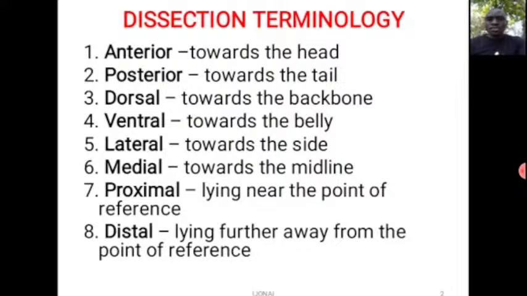I would want to challenge you to look for other suitable terms that we use in dissection and in practicals in general, and familiarize yourself with them because you're going to meet them quite often in your notes, but also in your examinations. They will always use those terms to refer to what the examiner is interested in. So I hope you find these terms easier to understand and easier to apply.